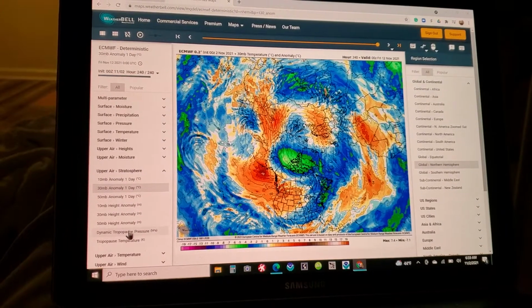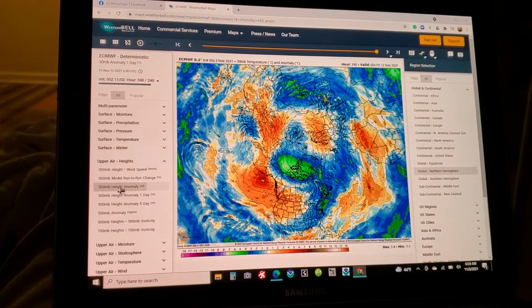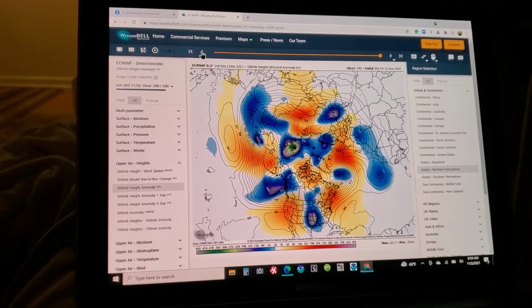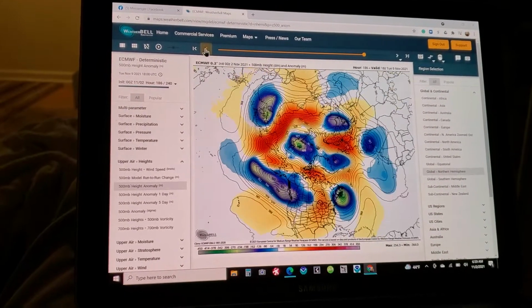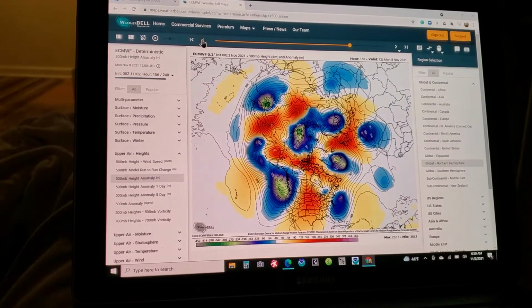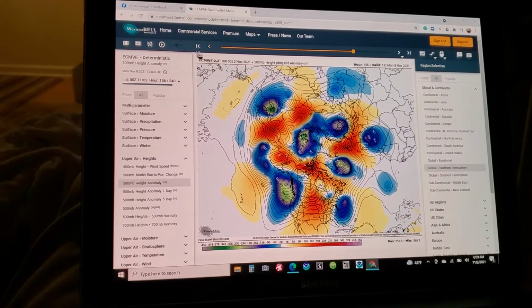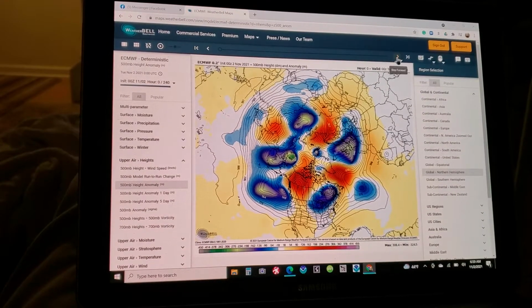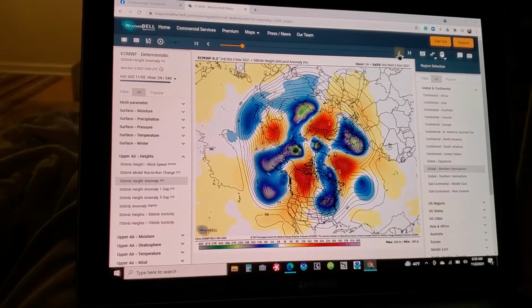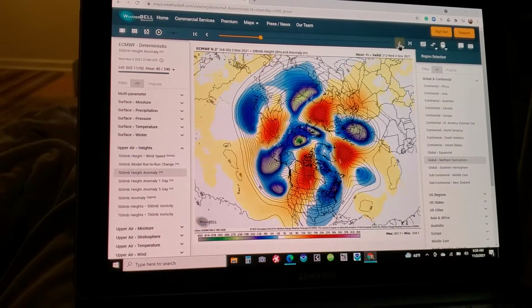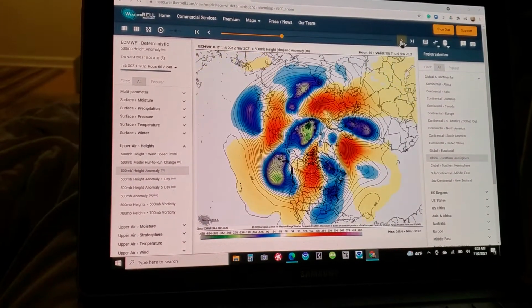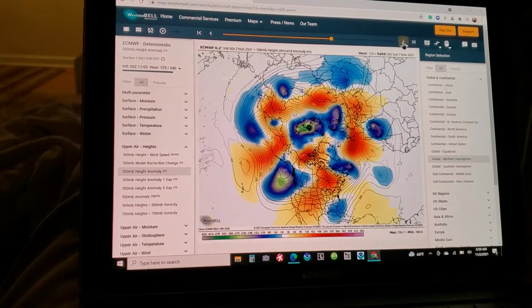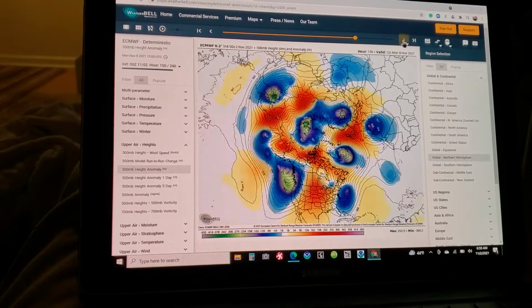Look at the end of the run here. Just trying to make sense. Okay, now, so here's where we were. So we have this 3rd, 4th, 5th, 6th time frame, this trough coming through.